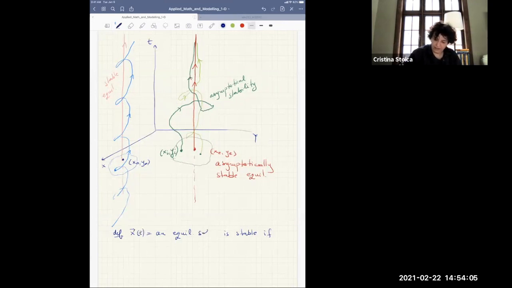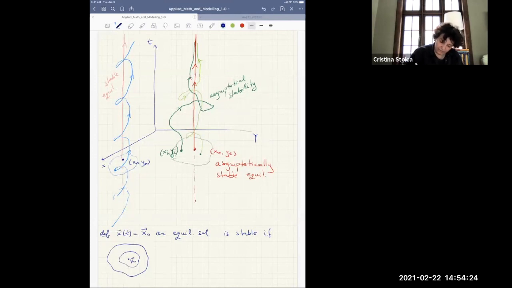Solution is stable if, here, I'm going to make the picture because that's how I know it. Okay, so here is x naught, x of t. Okay, let's write it nicely. I shouldn't rush. X of t.